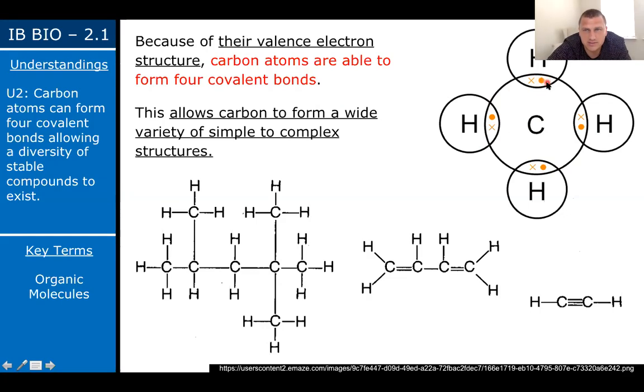So this circle, let's say that's the electron from the carbon, and then you can have a hydrogen, which only has one valence electron in its outer shell. You need a bond between this electron and that electron. That's one bond. Same thing with this hydrogen, that's 2 bonds, 3 bonds, and 4 bonds. So now you have 4 covalent bonds that this carbon has made.